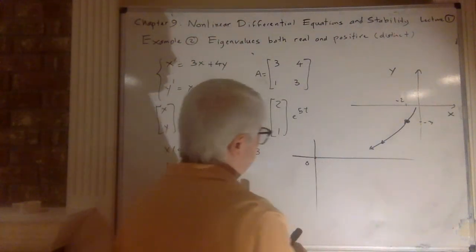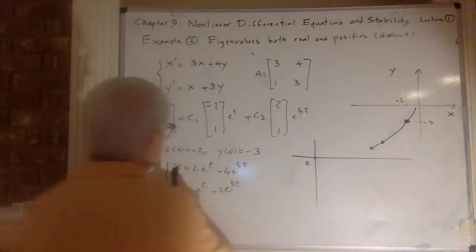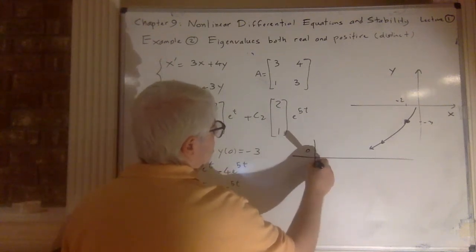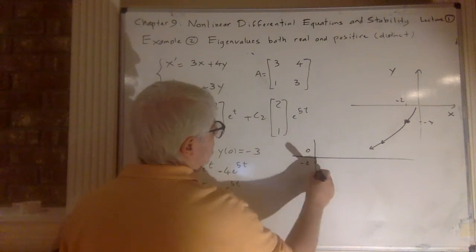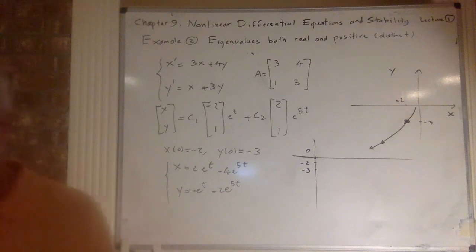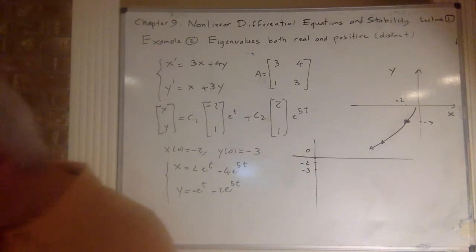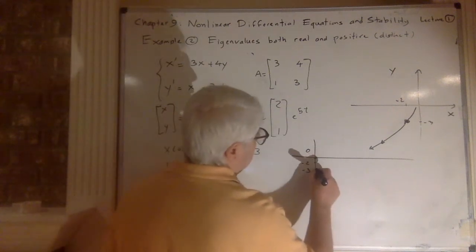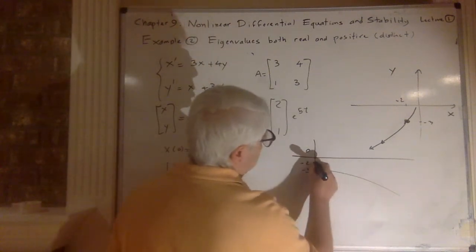So this one, x, starts at minus 2. So let me put 0 here. This one starts at minus 2. This one starts at minus 3. And I had this picture here. Minus 2 was like this, and minus 3 was like that. So the minus 3 goes like this.